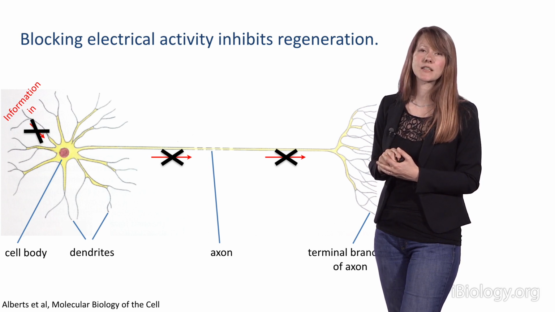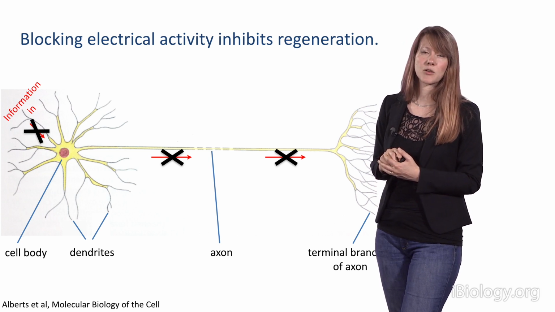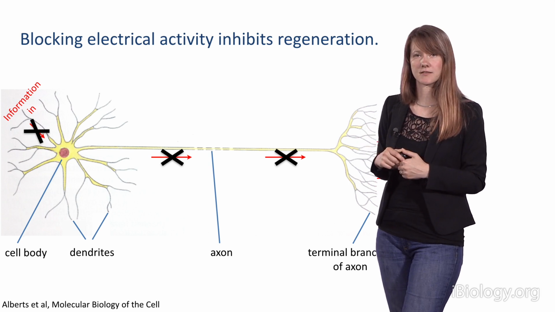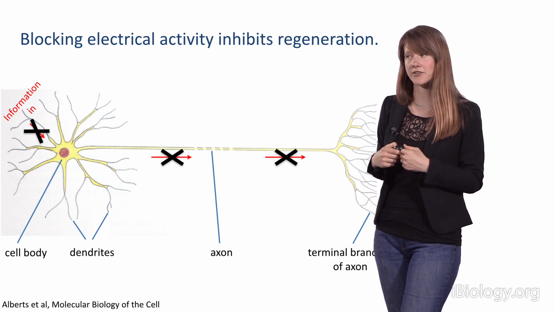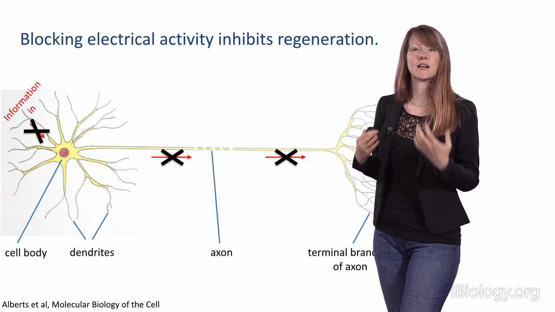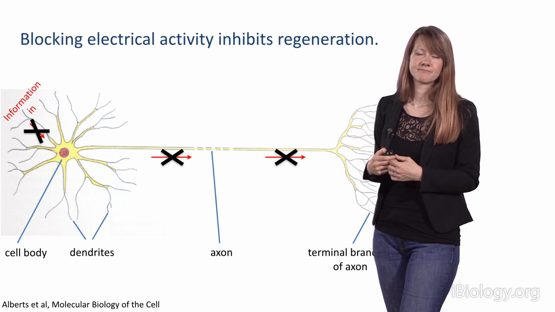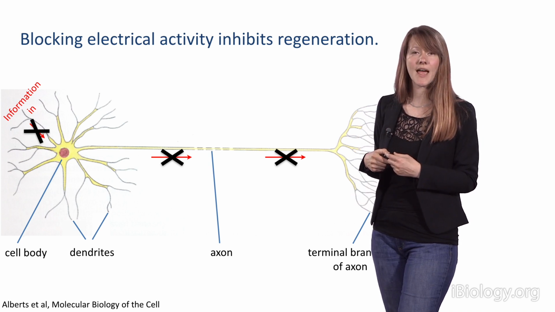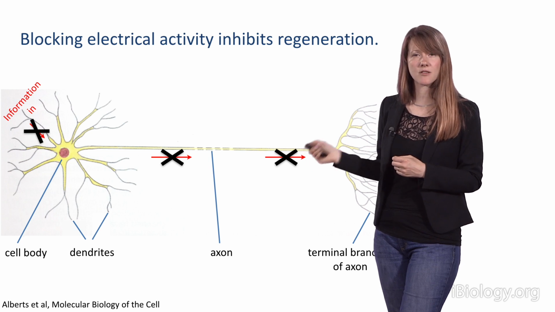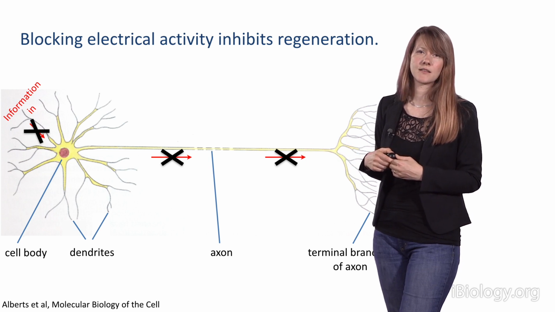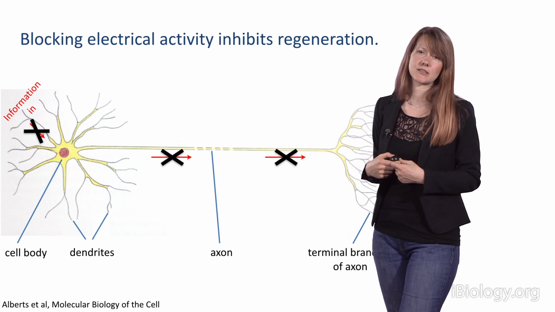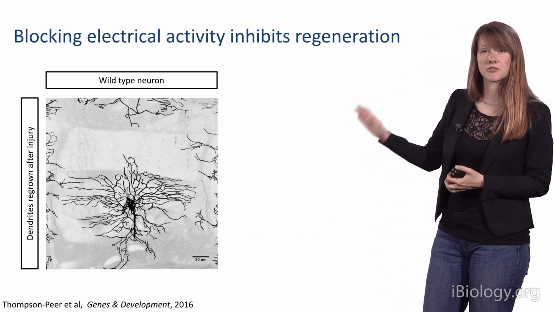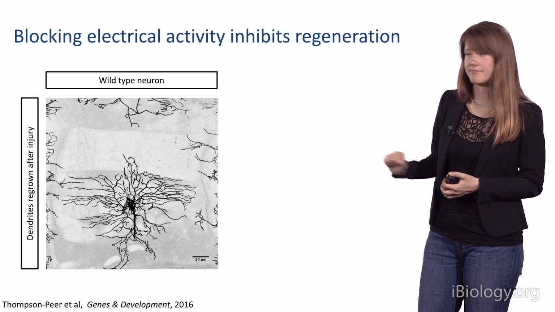So what we did is we expressed a transgene that's a potassium channel that hyperpolarizes these neurons, changes the way they act electrically, and that basically electrically silences them. So they're no longer going to sense stimuli. And we asked the question, what happens to those neurons that are electrically silent? Can they regenerate just as well? Here's our control neuron. This is a control injured neuron, but it's wild type.